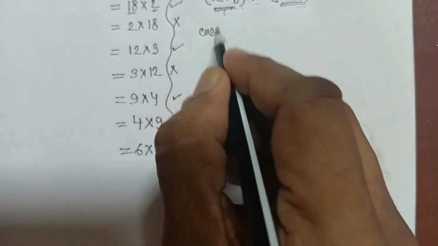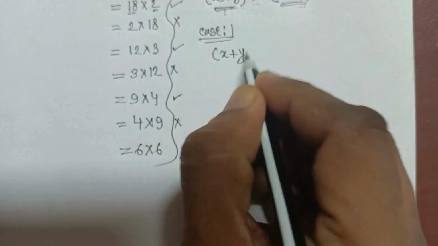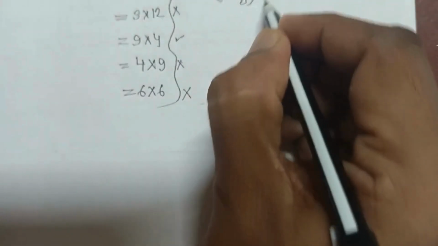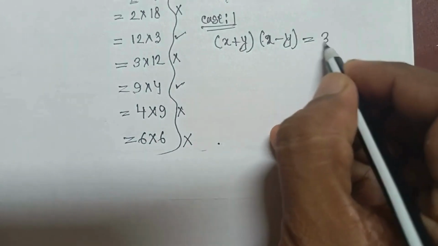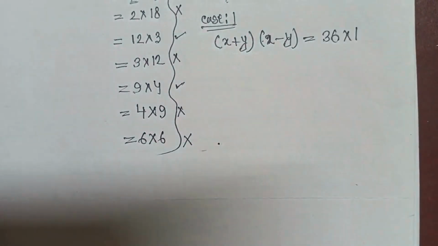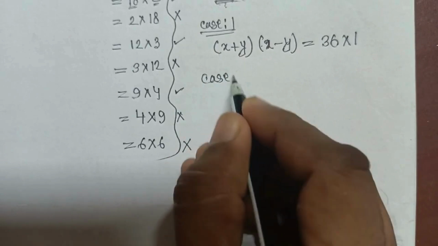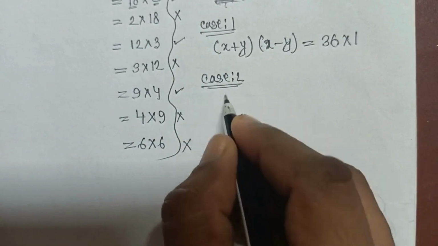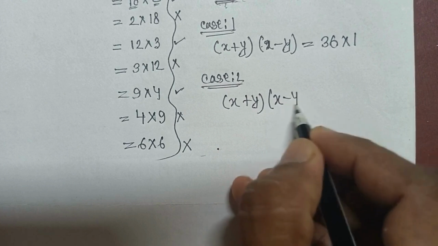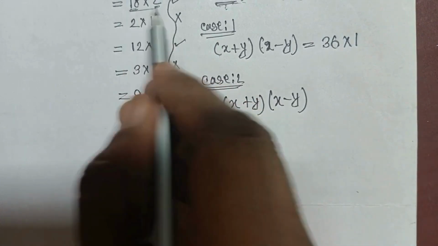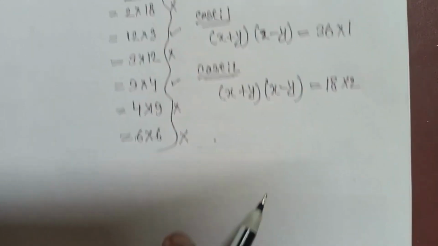Case 1, where (x plus y) dot (x minus y) equals 36 into 1. Similarly for case 2, (x plus y) into (x minus y), we got 18 cross 2.